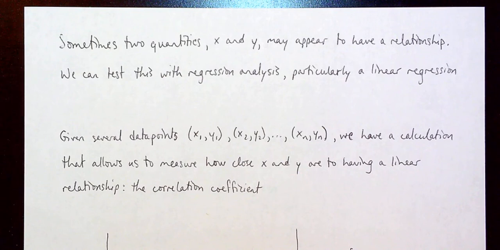Sometimes we have two quantities that can appear to have a relationship between them. Sometimes this relationship is a little bit more obvious, like the number of units of a product you sell and the quantity of profit that you have, and in some cases, the two quantities may not appear to have as obvious of a relationship.